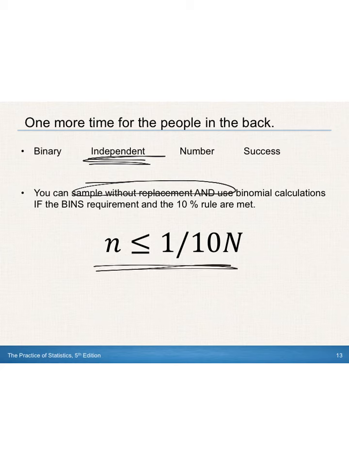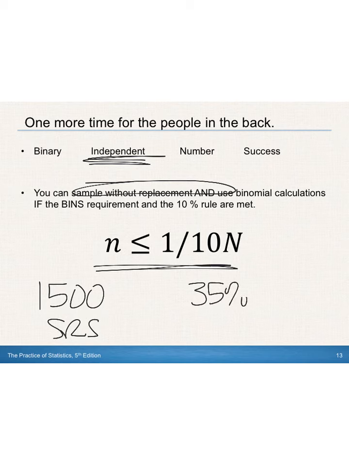So I'm going to give you an example that we're going to use for the next 3 slides or so. Let's say we take an SRS of 1,500 first-year college students and ask how far away from home they go to school, and 35% of those students said that they were within 50 miles from home.